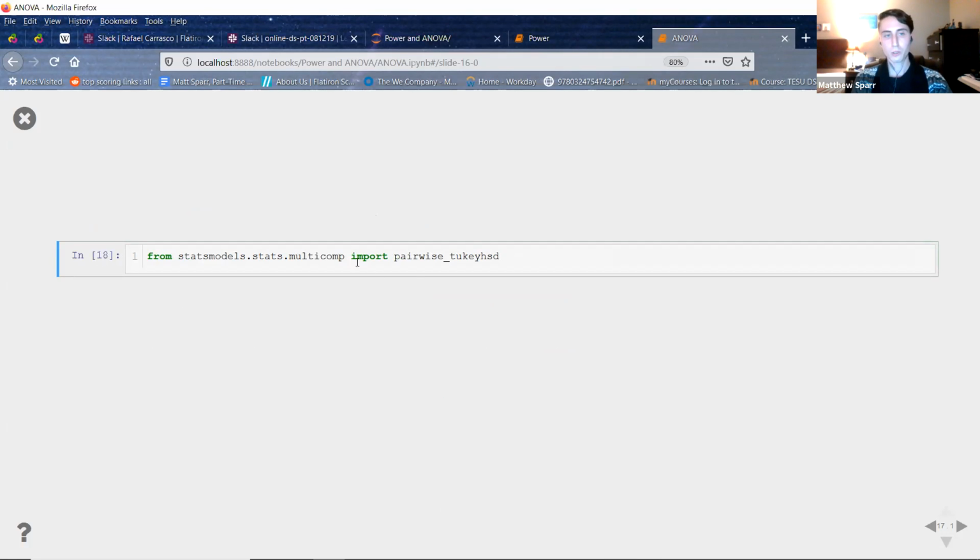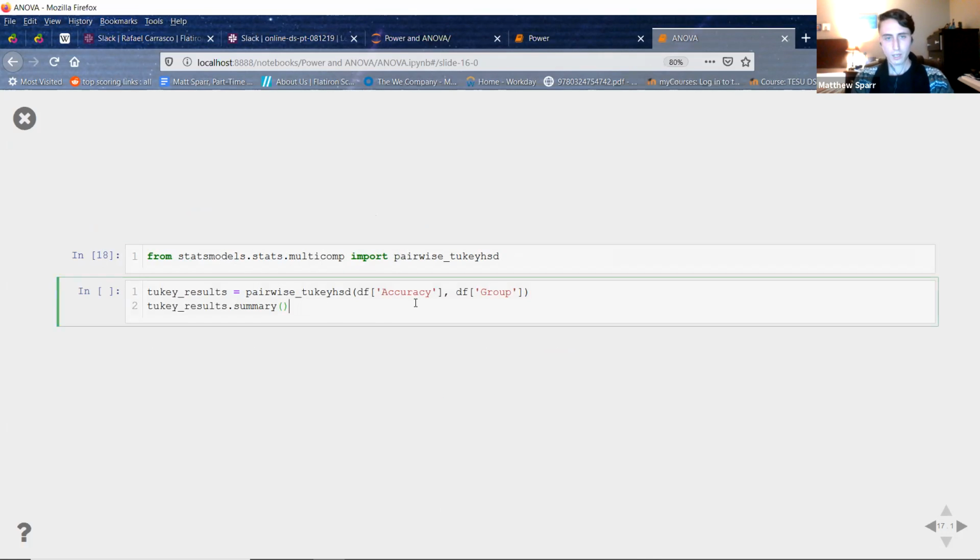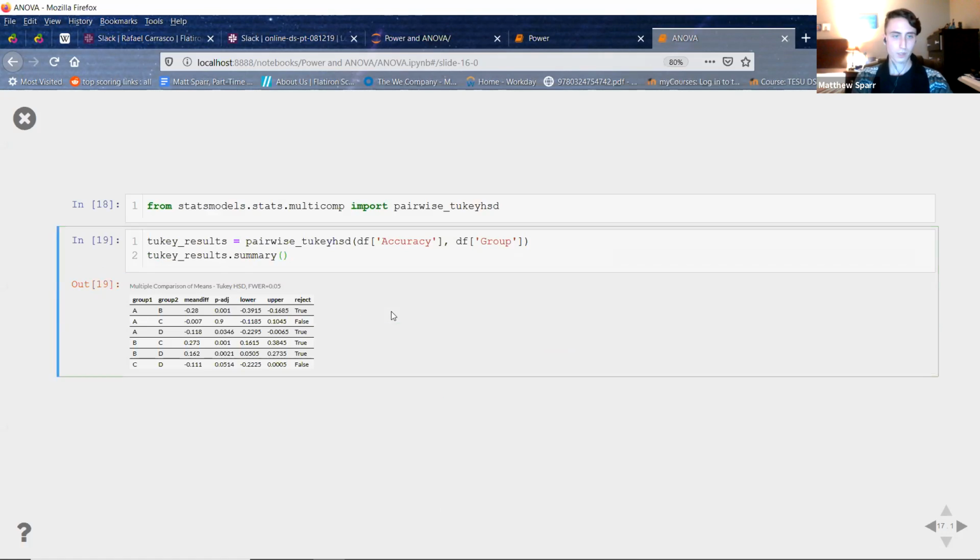So to see how that works, we can import it here. We can get it from statsmodels through this import command. And then all we have to do is pass in our target variable and then our independent variables and print out the summary table. So you can see on the left, it compares each group to each other group.